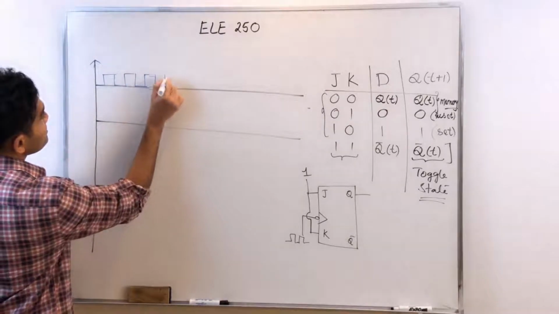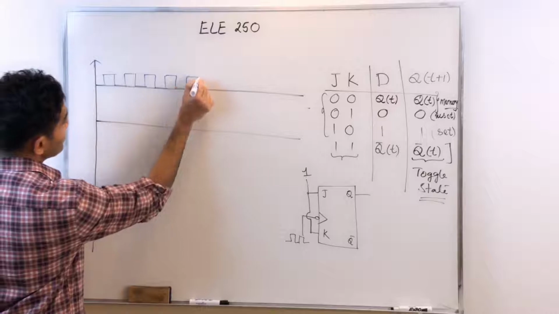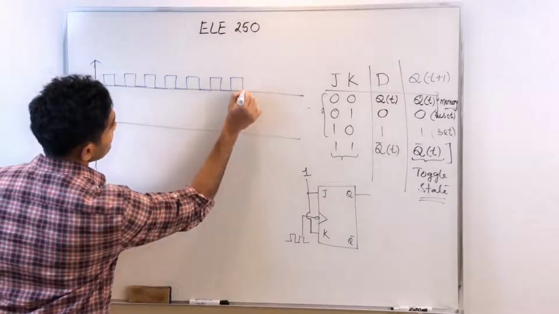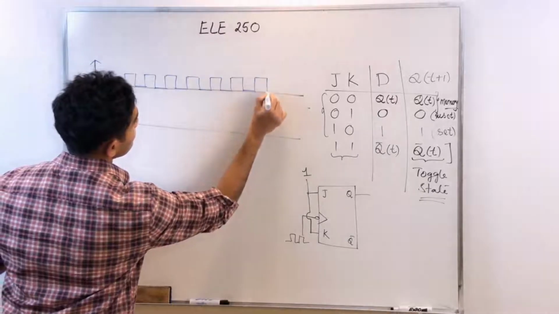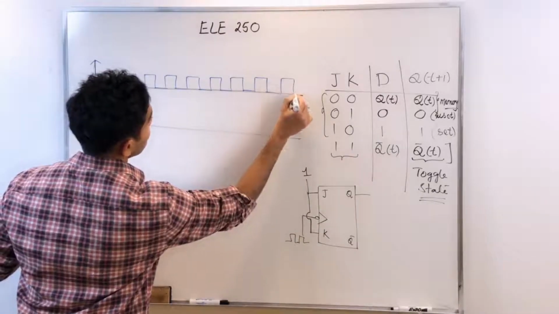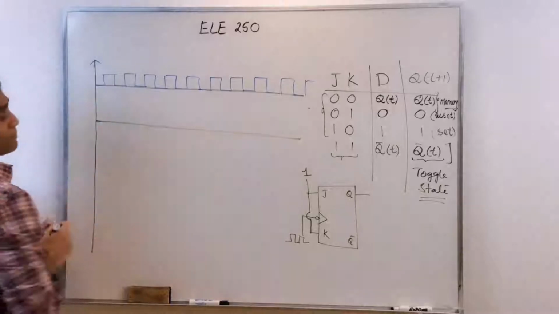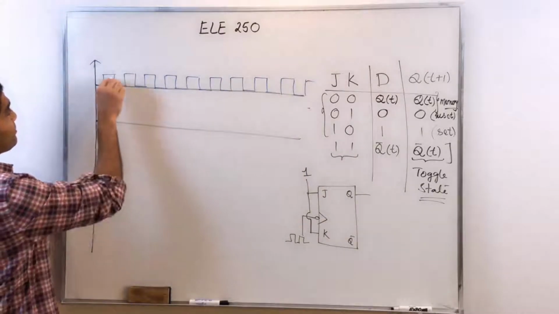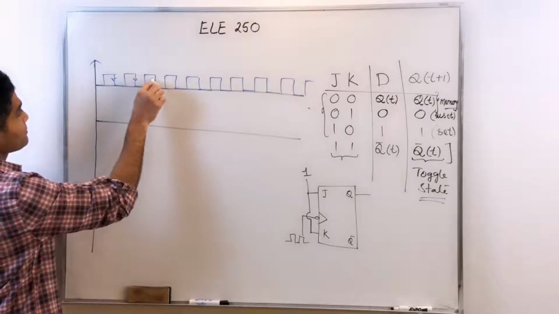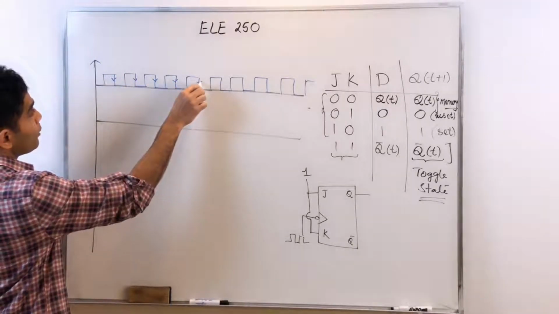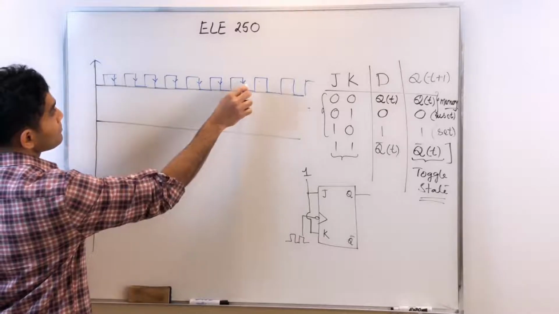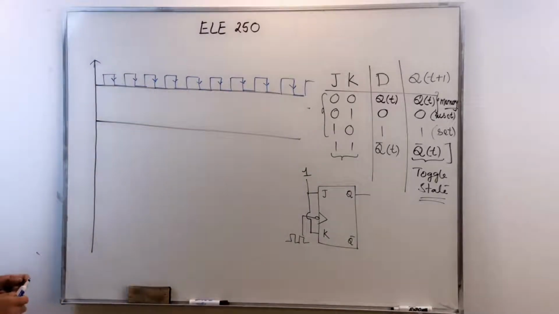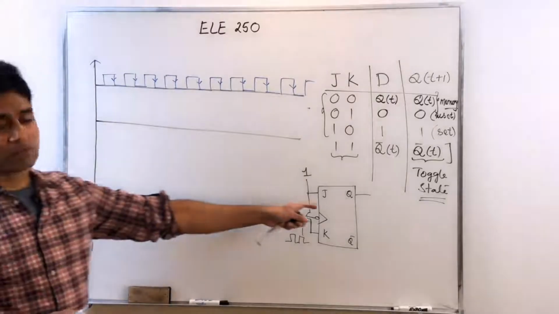So here it is, and I will identify what my active edges are. Okay, so that's my clock. Again, this is a negative edge triggered flip-flop, so these are my active edges where my flip-flop outputs get triggered by the inputs. All right, let's assume that Q was 0 to start with.